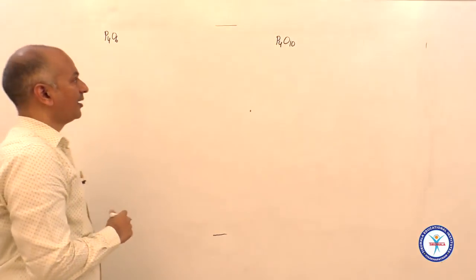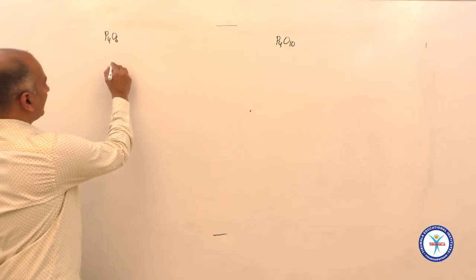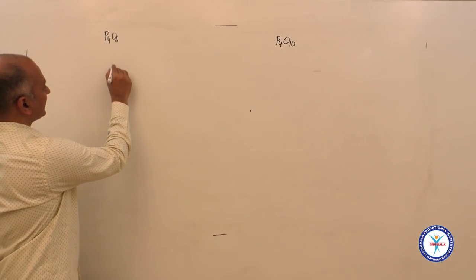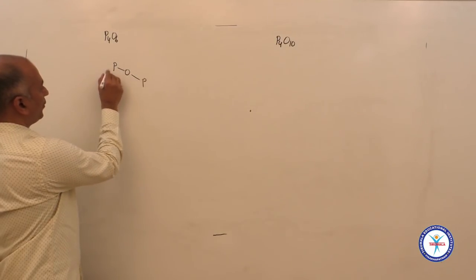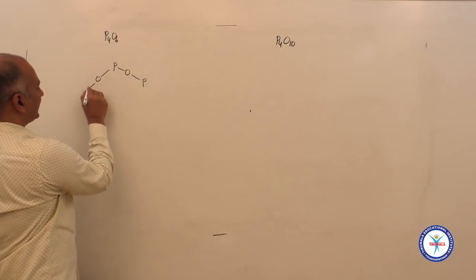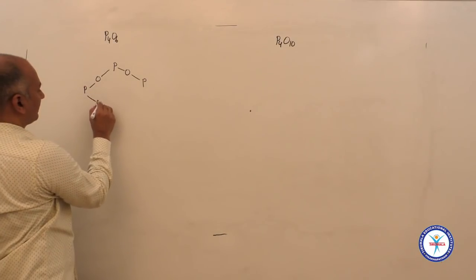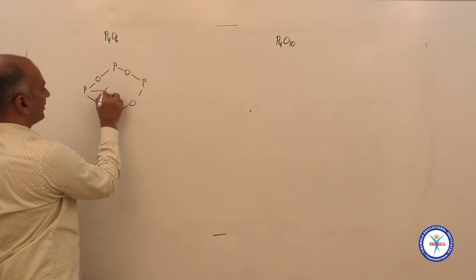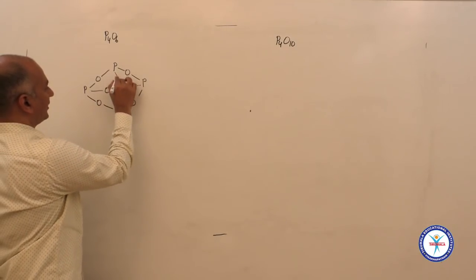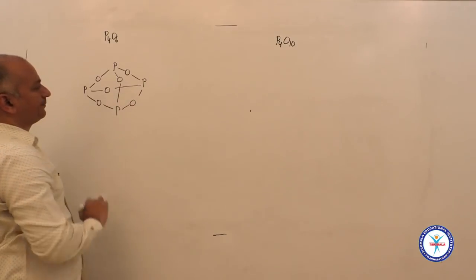Let me tell you. So first structure, P4O6 structure is like this. POP linkages. And here also one link, and here also one link.